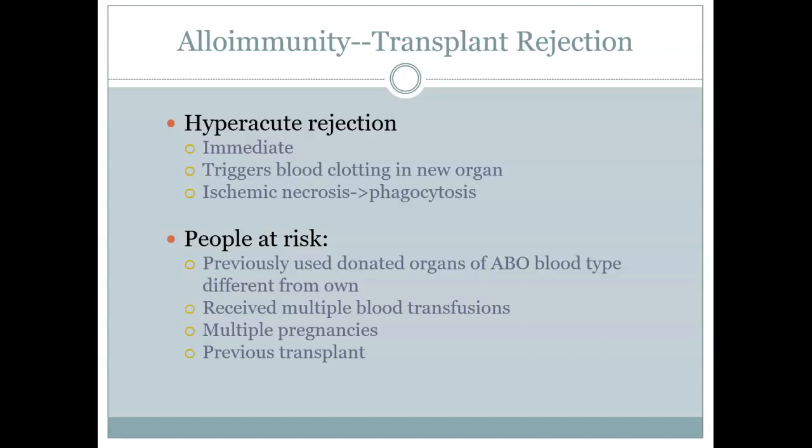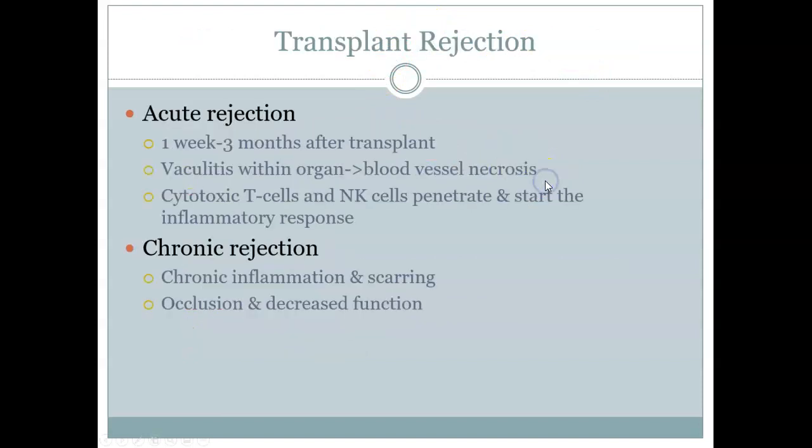So people who are at risk for hyperacute reactions are people who previously used donated organs that are different from their own, if they've received multiple blood transfusions, if someone has had multiple pregnancies, and if they've had a previous transplant, they're at risk for a hyperacute reaction or rejection.